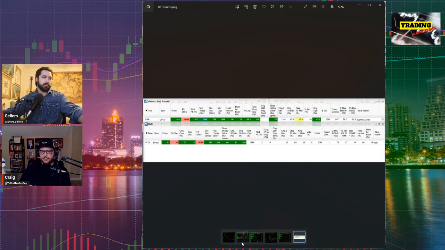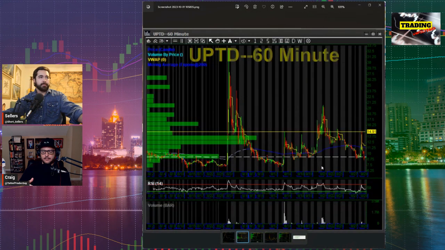So, for everyone asking how I got my level there, these are the charts I trade on. They look a little different than what I post. I drew my line out here, and the reason I drew this line, few reasons. Big volume profile here on the 60-minute chart.